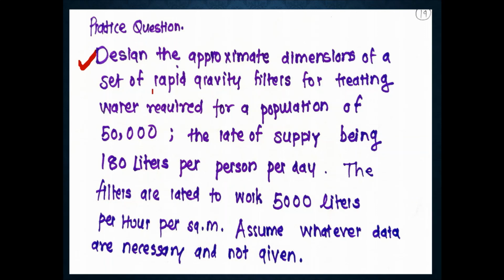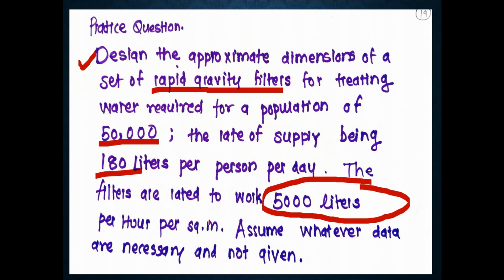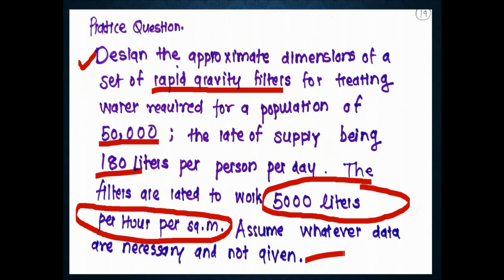Means they have directly mentioned we have to design the rapid gravity filters. Population they have given, per person demand they have given, and the rate of filtration also they have given, 5,000 liters per hour per square meter of filter area. We just have to assume the length to width ratio, and assume the maximum demand as 1.8 times the average demand.